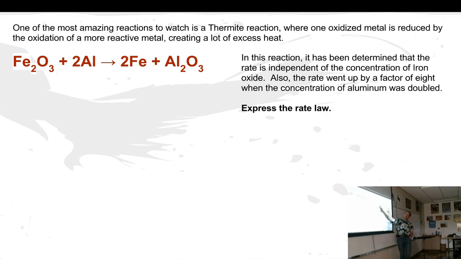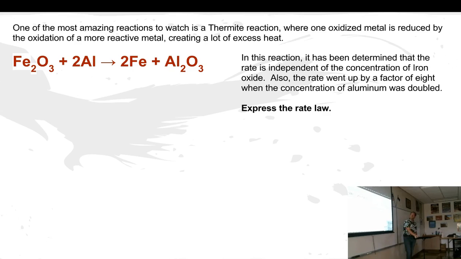So if we doubled the concentration of aluminum, the reaction went 8 times faster. So you've got to figure out, okay, if I multiply this by 2, it's 2 to the something power that is going to give me the rate. So 2 to the 3rd power is 8. So rate went up by a factor of 8 when the concentration of aluminum was doubled.